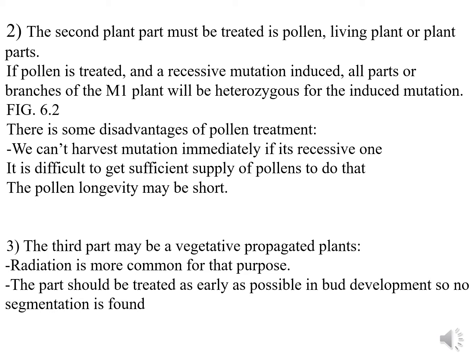If we produce a dominant mutation, we can see it in M1. While if we produce a recessive mutation, it will produce heterozygous plants in M1, and then we cannot see the mutation.